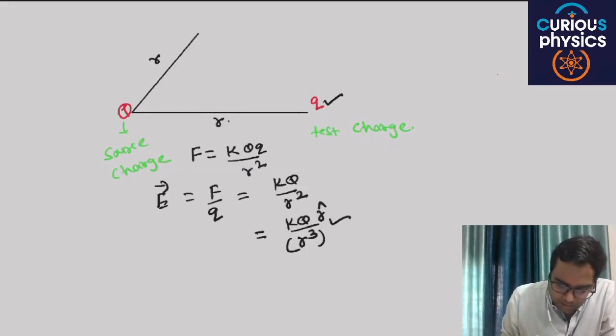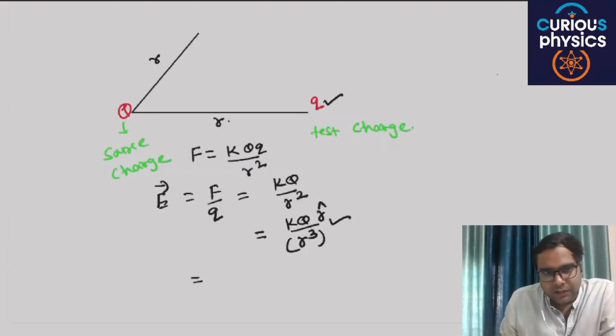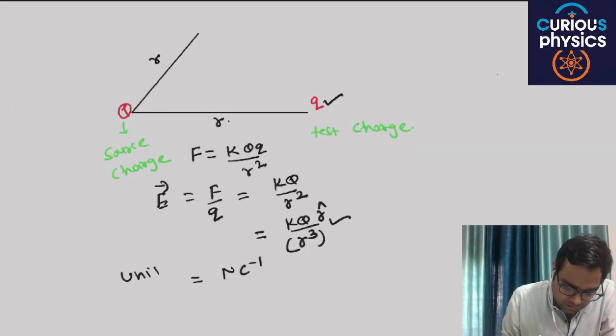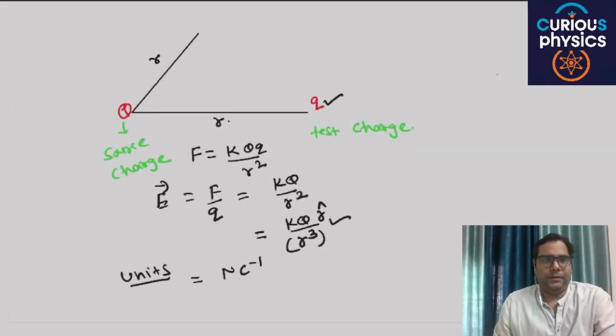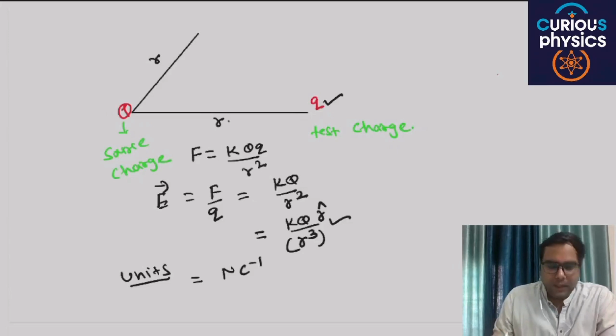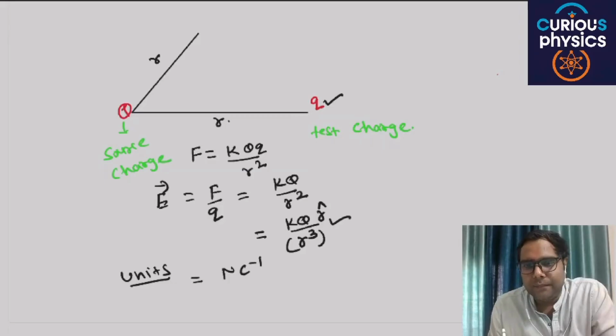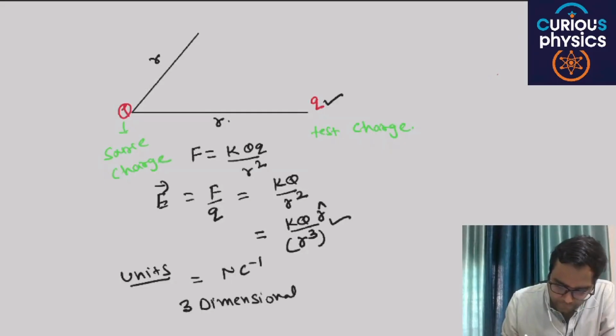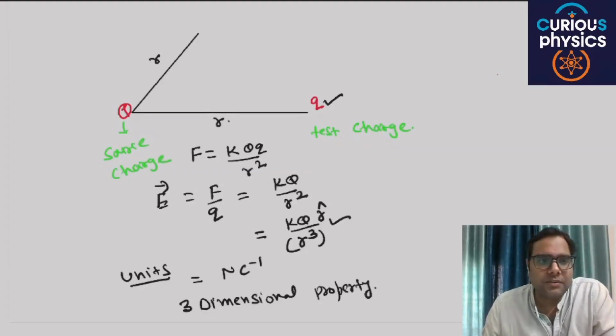So the units of electric field are Newton per Coulomb. If at equal distances the value is the same, then you can say it is a three-dimensional property.